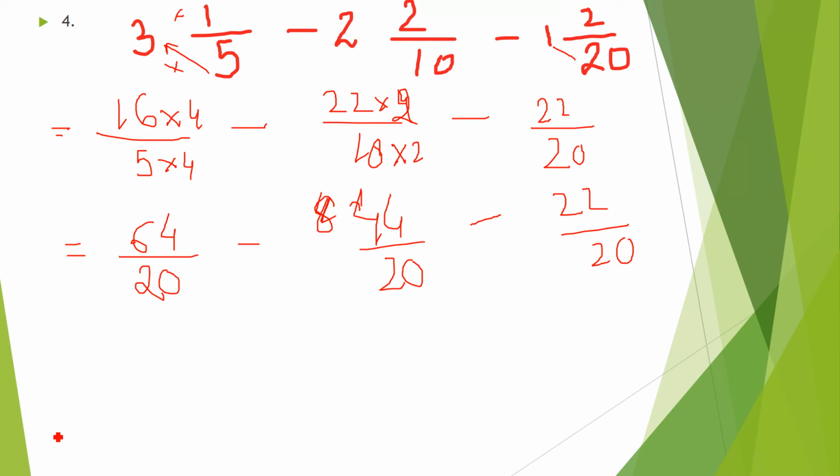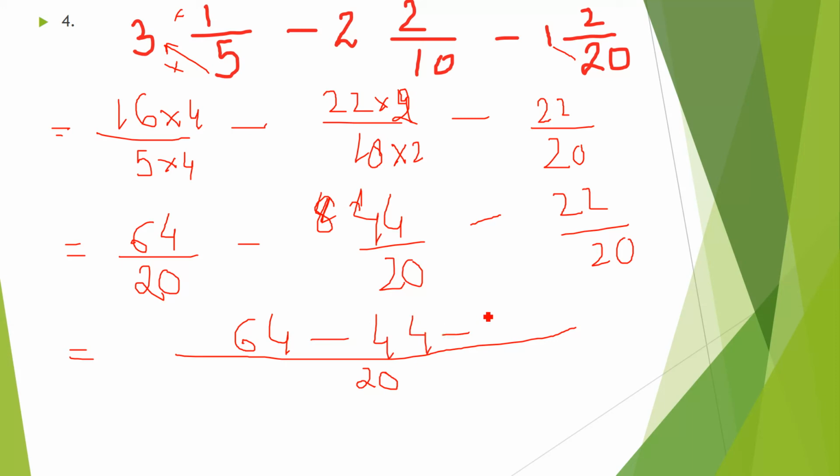Now our denominators are same, so you have to write down only one time, and in the numerator write down 64, negative 44, negative 22, right? So it will be equal to 64 with the positive and negative 66 divided by 20. Why negative? See, this is negative 44, negative 22, it will be negative 66, but you have to use the same sign, negative.